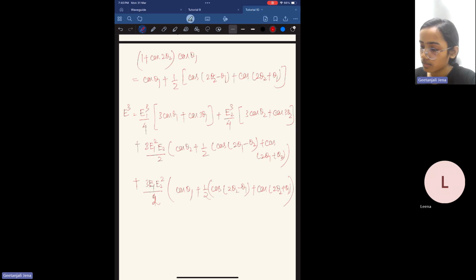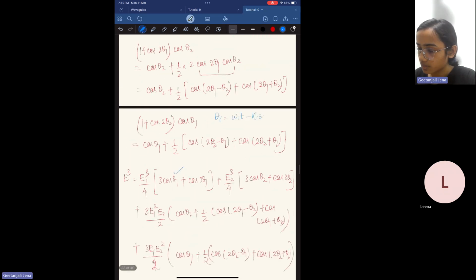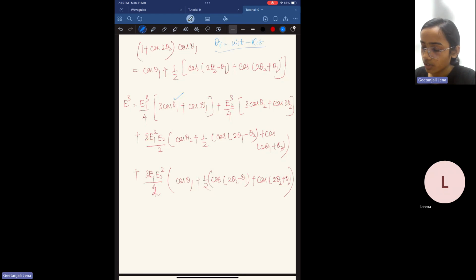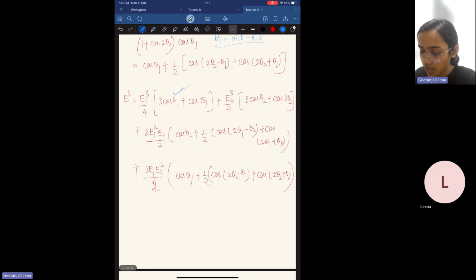Let us see what frequencies are getting generated. So we have theta 1. Theta i is omega i t minus k i z. This we have taken before. So theta 1 is there, so that means omega 1 and omega 2 will be there.